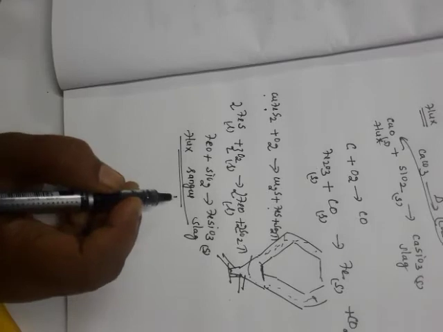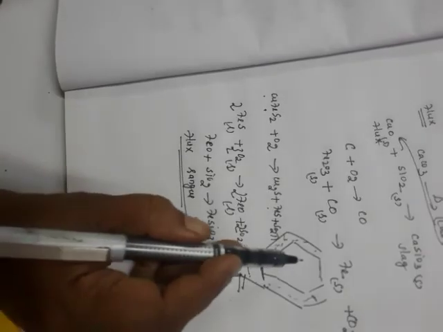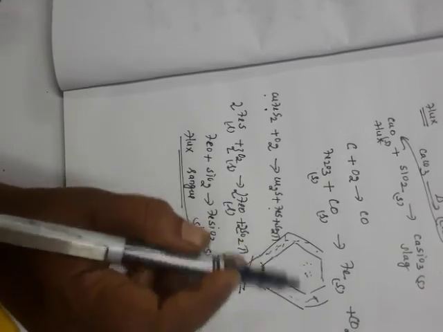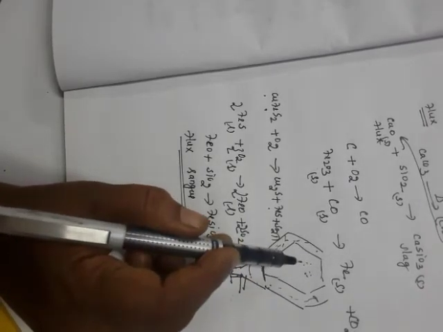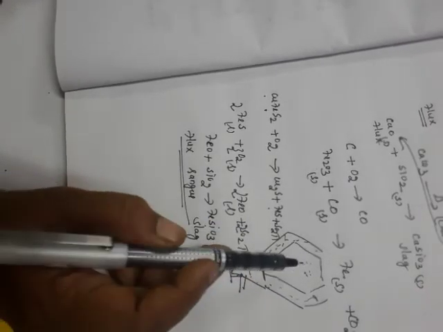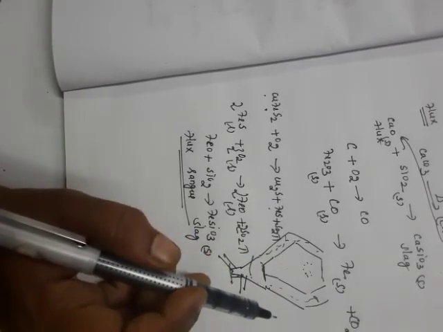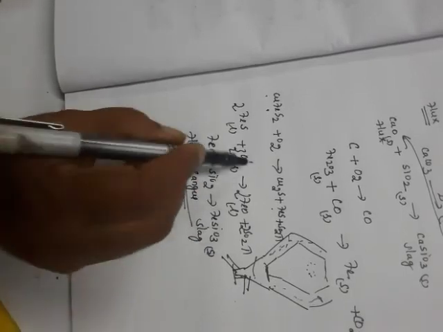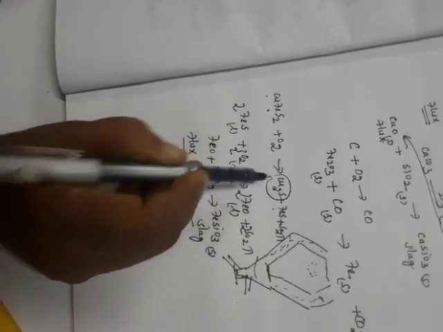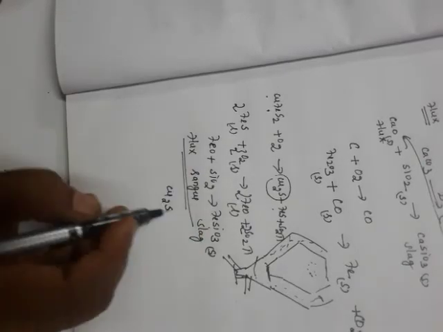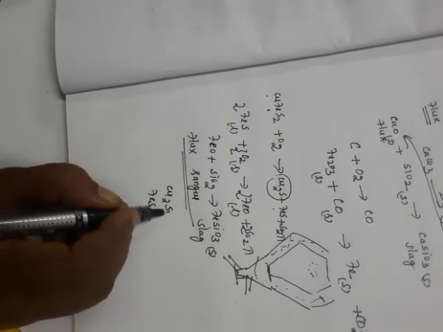Now this slag floats at the top of the furnace. Then it is removed easily, since it floats. Ferrosilicate floats here and can be easily removed. Now the remaining copper sulfide, Cu2S, and the unreacted FeS is called matte.